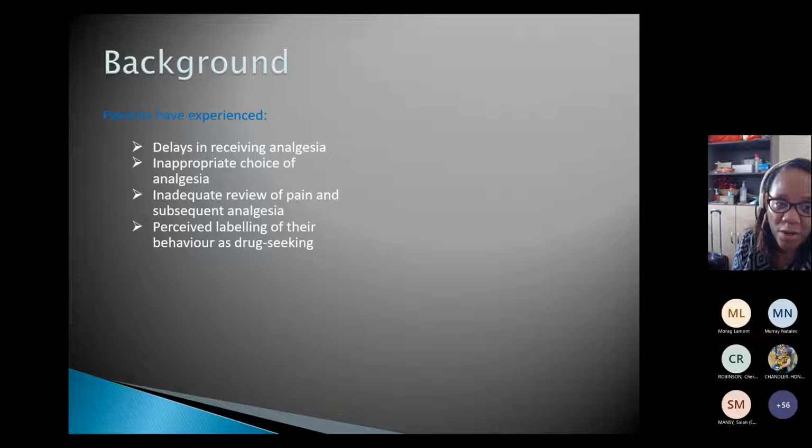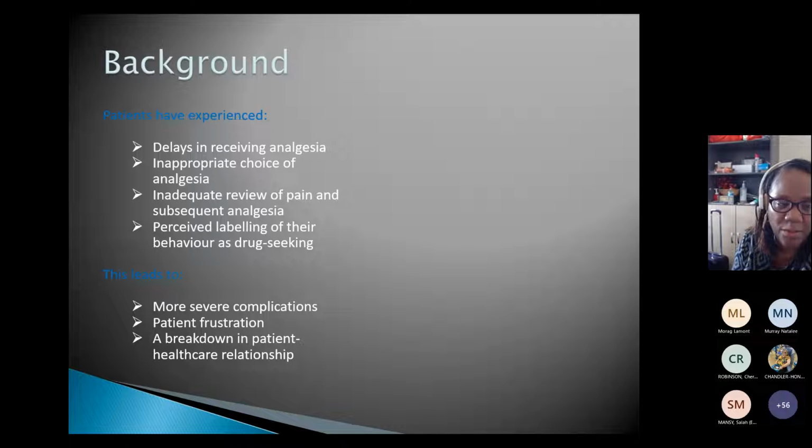So again, we talk about patient experience when they go to ED. We've had some patients, obviously, that may have gone through transition, but when they come to ED, they may have their care plan, but unfortunately, for some reason, it doesn't get identified when they're there at the ED department.